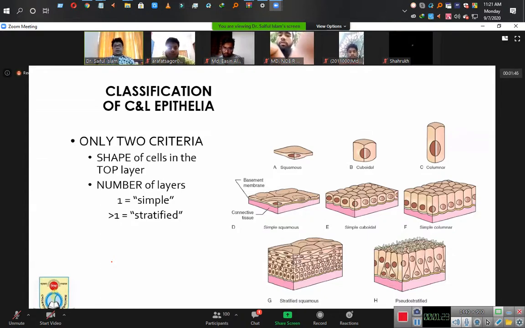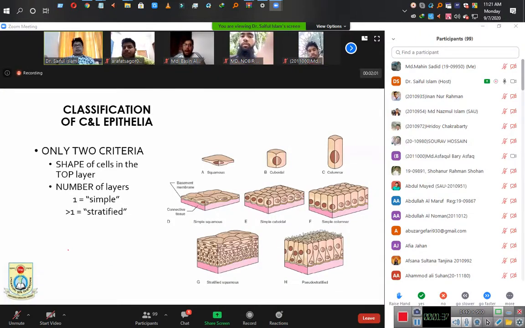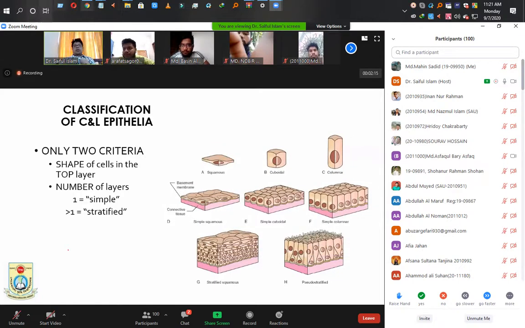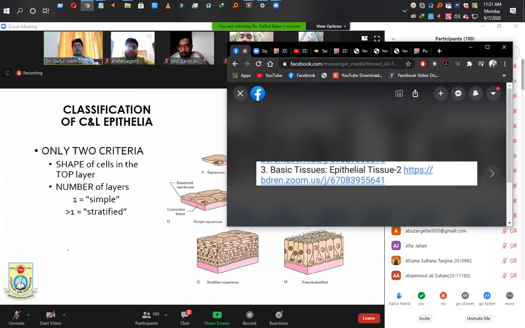When you see squamous epithelium, you will find the shape of the nucleus is flattened or elongated. You will never see the cell membrane, you will just see the nucleus. So the nucleus will be flattened, or you can say a flat nucleus.